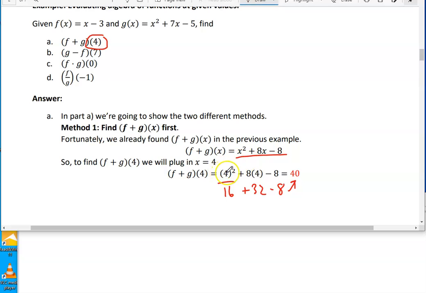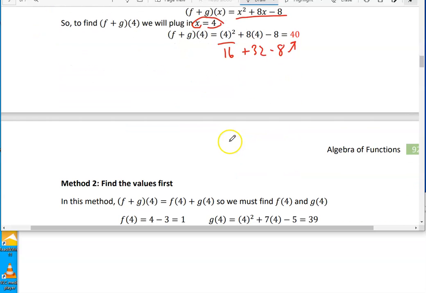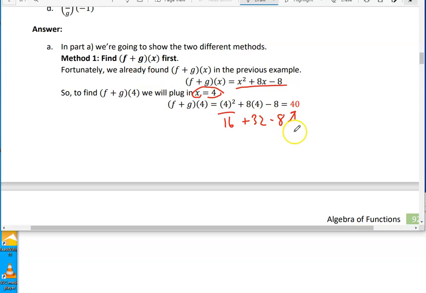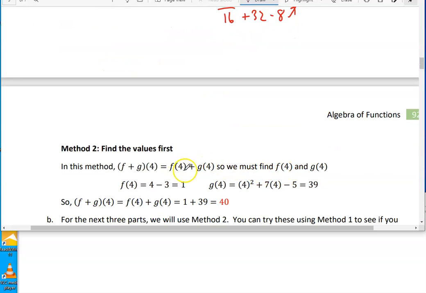Plug in the 4 where the x is when they want f plus g of 4. See how they say when x equals 4, that means put a 4 in where you see x's and then just multiply it out. Okay, that's one way to get the answer. Well, what if we did it without combining them? Let's just figure out what f of 4 is, and then what g of 4 is.